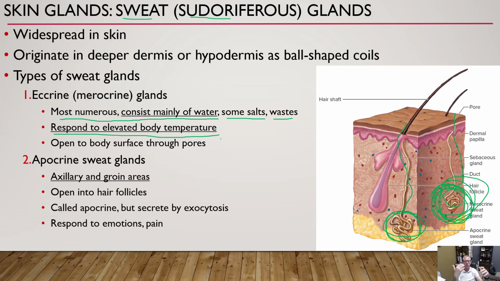And these are going to be responding to emotions and pain. And so these are the ones that smell. You smell your armpit, and if you don't use deodorant for 10 days, you might get a little whiff of something. So these apocrine glands are in the groin and axillary regions.